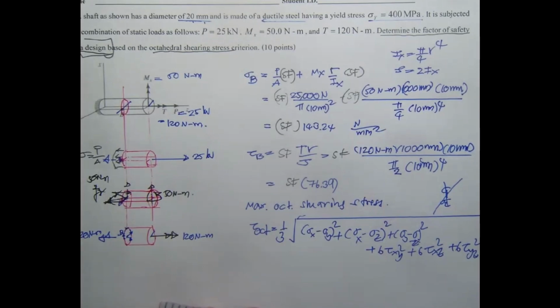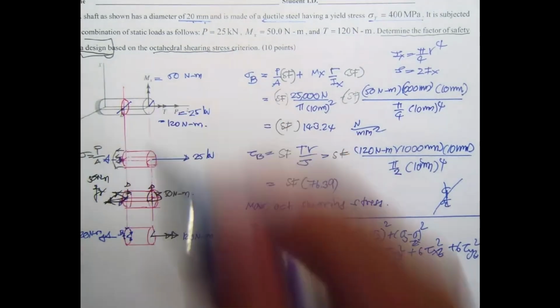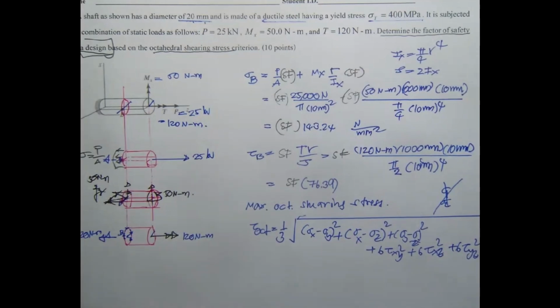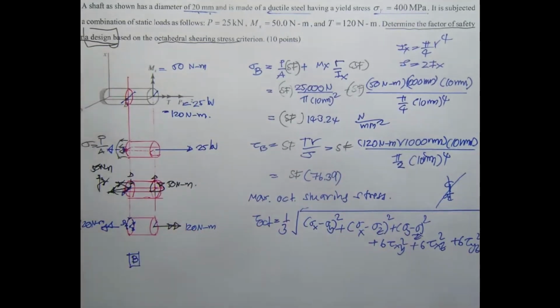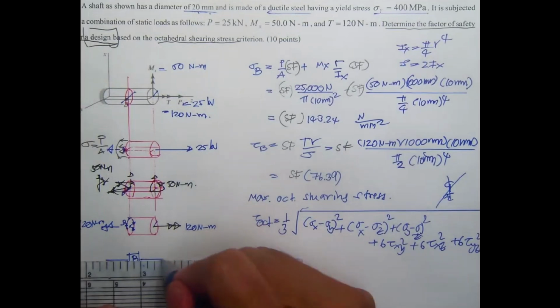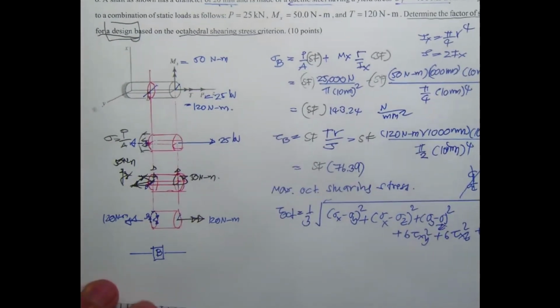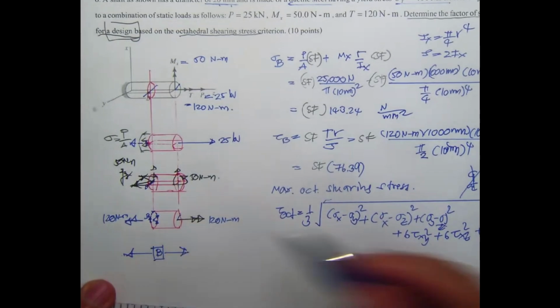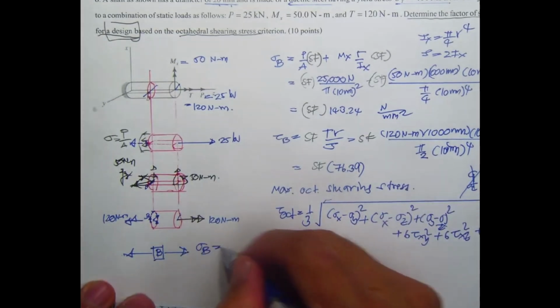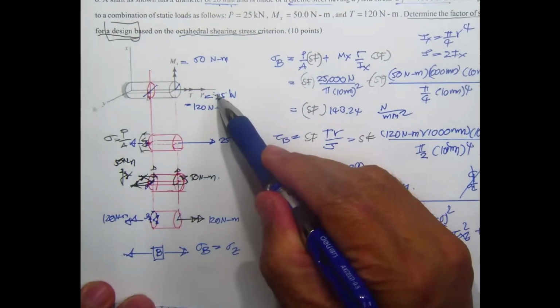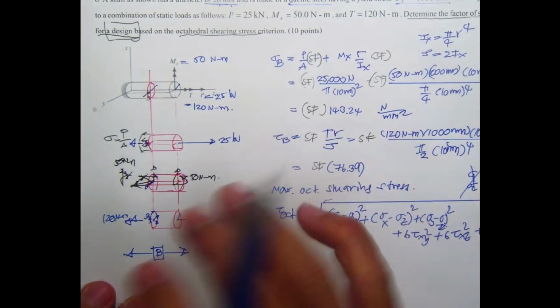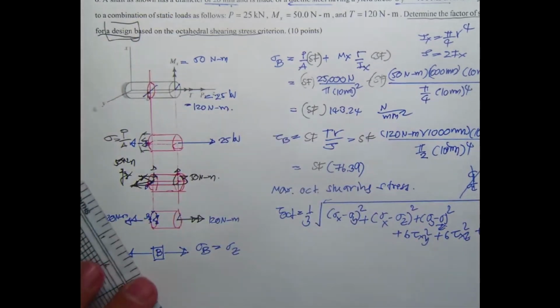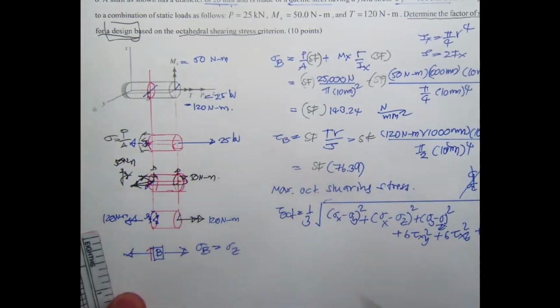Okay, and then our element is going to be over here. This is element B. The stress is going to be in this direction, and that's going to be in this direction. Sigma sub B equals sigma sub C. And then the shear in this direction is produced in this direction.